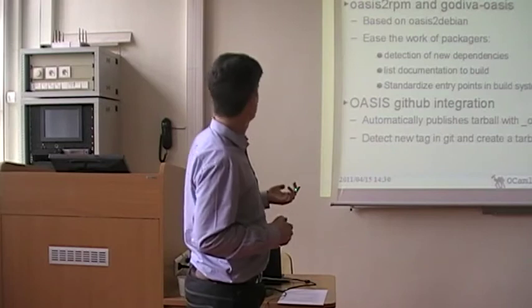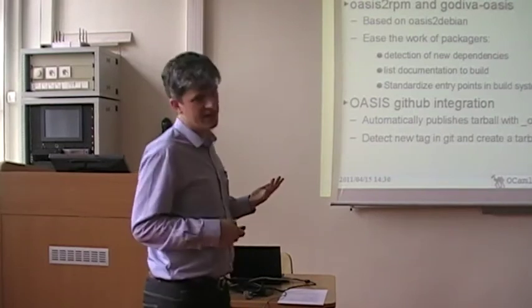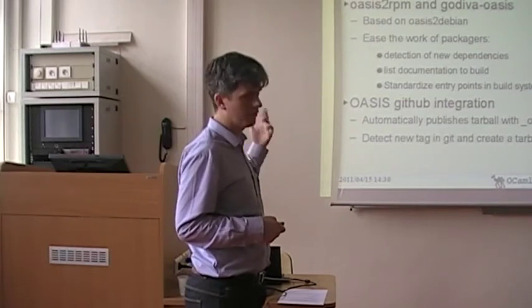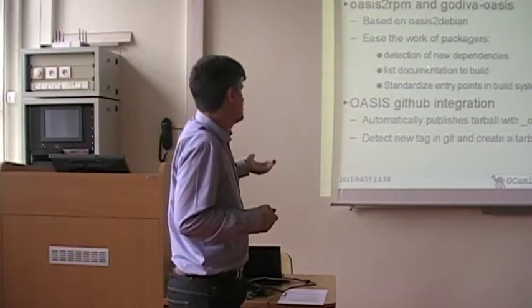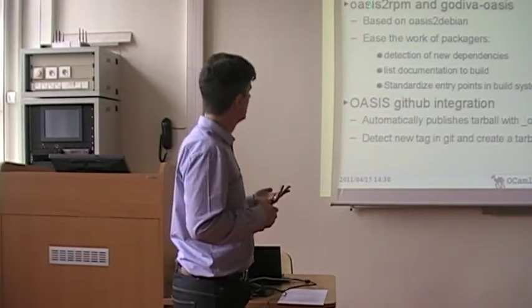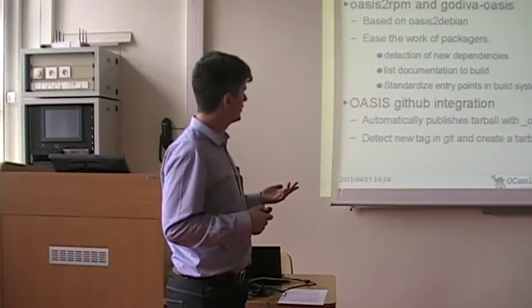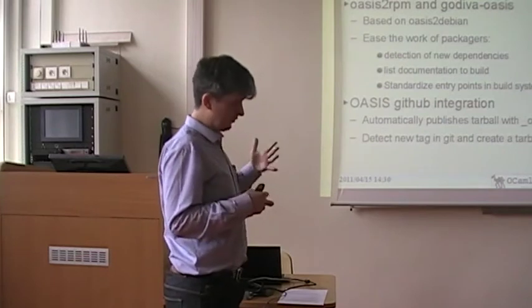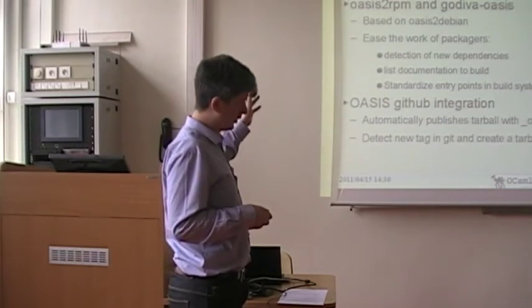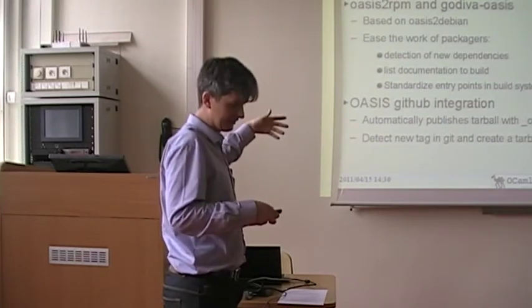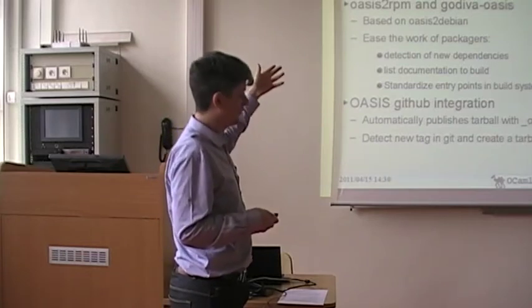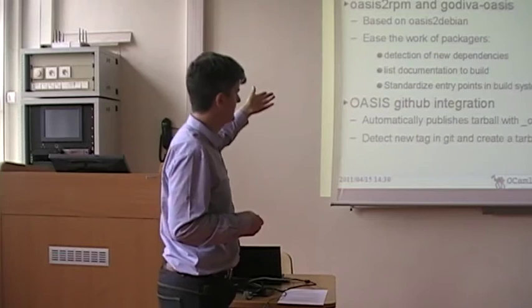Then there are two projects based on OASIS to Debian, which I already wrote. It's not a perfect system, but it works more or less. OASIS to RPM and Godiva to OASIS should take the same inspiration to easily create a package out of something downloaded from OASIS-DB.